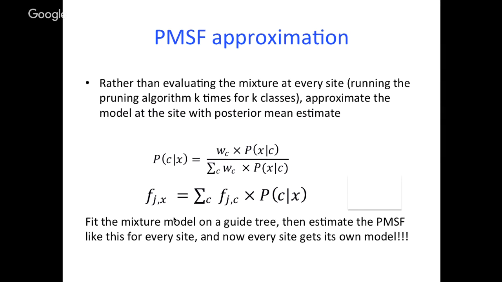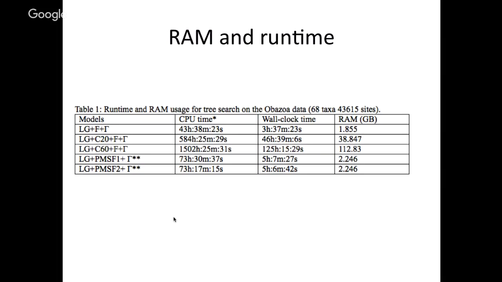So by doing that, we no longer have to evaluate the likelihood k times for k number of classes. And so if we just look at the CPU times of these PMSF models, this is on a data set of 43,000 sites and 68 taxa, you can see that the CPU time for this large data set for the single matrix model is 43 hours. For the mixture models, it's quite a bit more, roughly 20 and 60 times more.